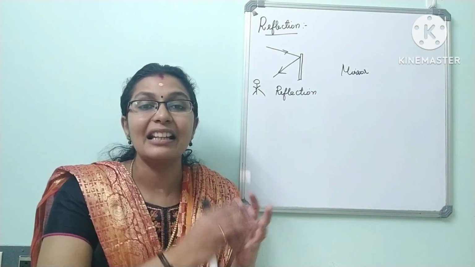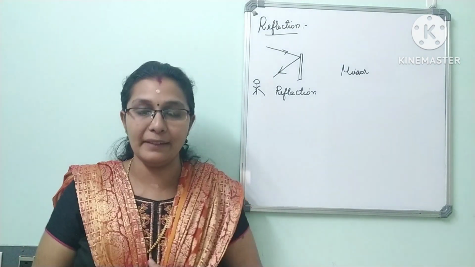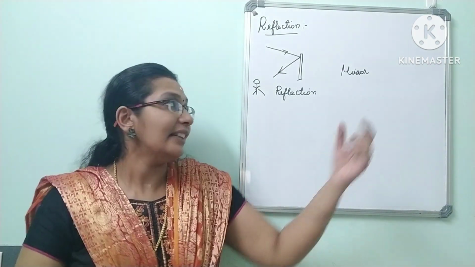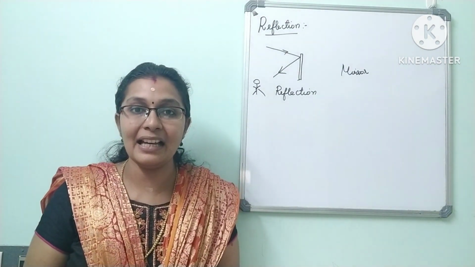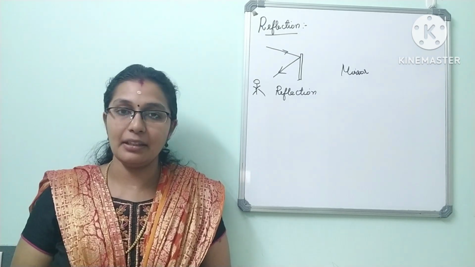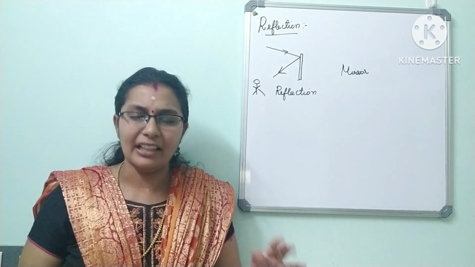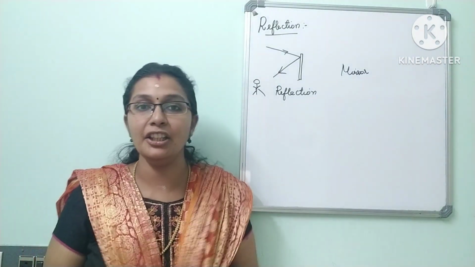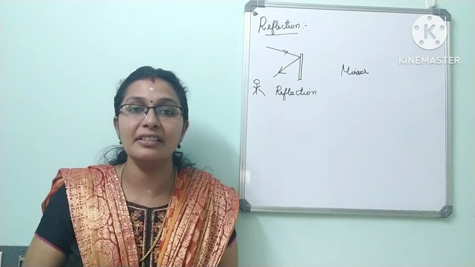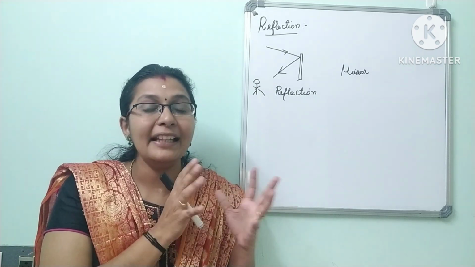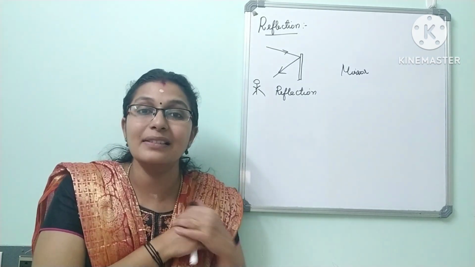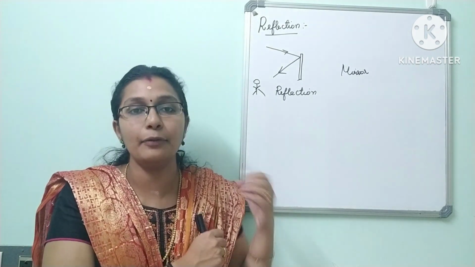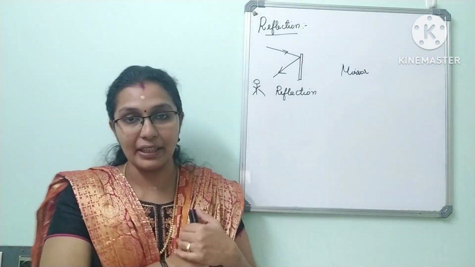That is, it reflects the maximum of the light that falls on it. That is why we use a mirror as the example for a reflecting surface. There are so many reflecting surfaces, but why do we specifically use a mirror? It is because it is one of the commonly used objects which reflects most of the light that falls on it. That is why we use a mirror.